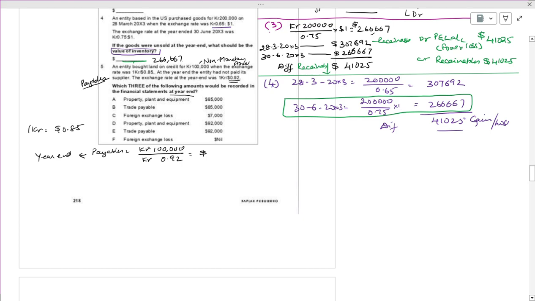So 100 KR, divided by 1 KR, times 0.85. How much will you get?